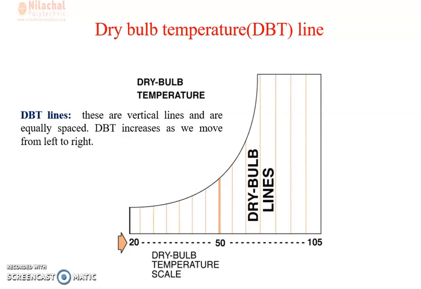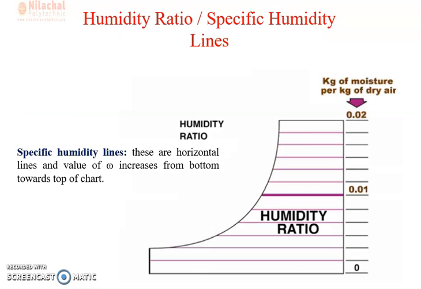The dry bulb temperature lines are drawn with a difference of every 5 degrees Celsius up to the saturation curve, and the values of dry bulb temperature are also shown on the saturation curve. So this is all about the dry bulb temperature.